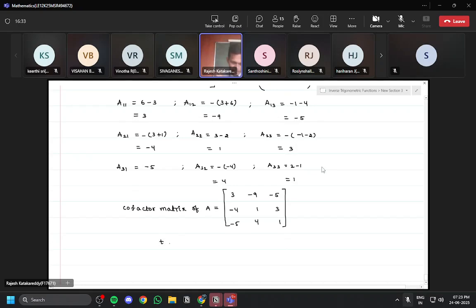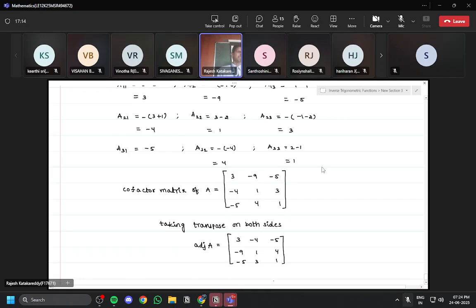So taking the transpose on both sides, the adjoint of A is equal to 3, minus 4, minus 5, minus 9, 1, 4, minus 5, 3 and 1. This is the transpose of the cofactor matrix. So which option are we getting? Second option. They have given the second only, no?